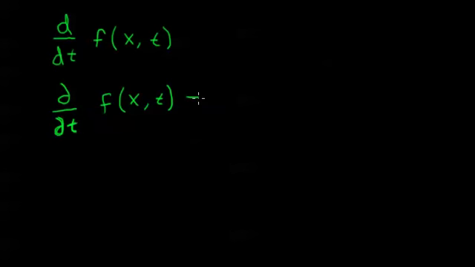So the way to evaluate this derivative is to just take the derivative of f with respect to t, and x we're treating as if it's a constant, so it doesn't factor into the derivative in any way.